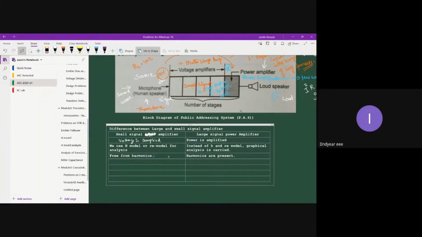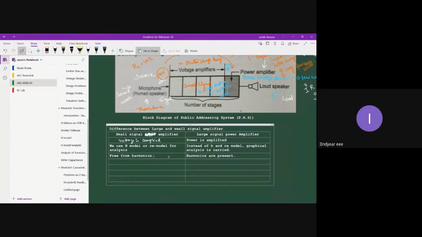On the other hand, if you feed 50 hertz signal to a particular system and your output is consisting of the 50 hertz signal as well as non 50 hertz signals, it could be 100 hertz or 200 hertz or 300 hertz, then you can say that your output is suffering from harmonics.